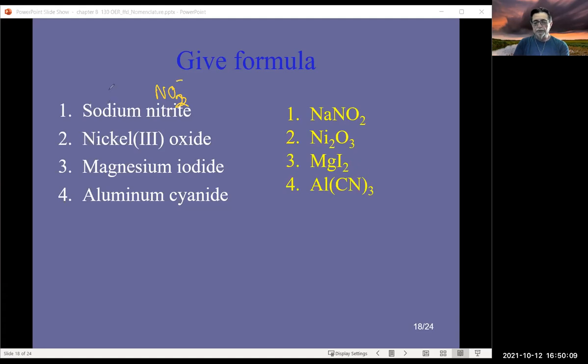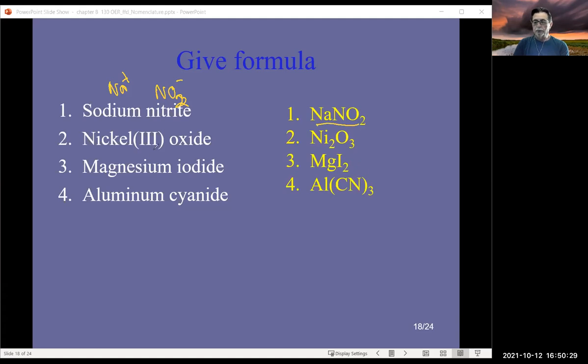Okay, sodium, its ionic form is always a +1 charge. It's in group 1. So our formula is a simple 1-to-1: 1 sodium ion, 1 nitrite polyatomic ion.